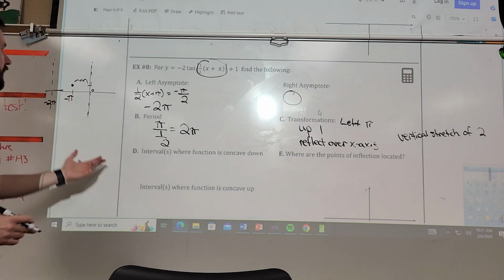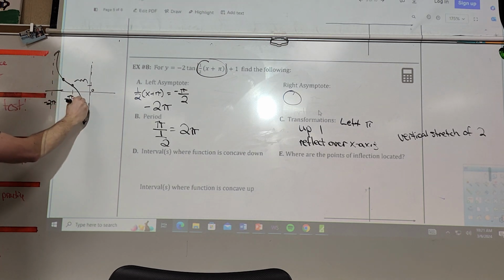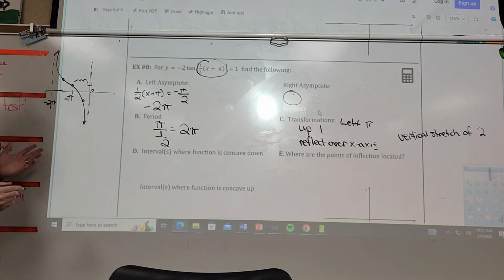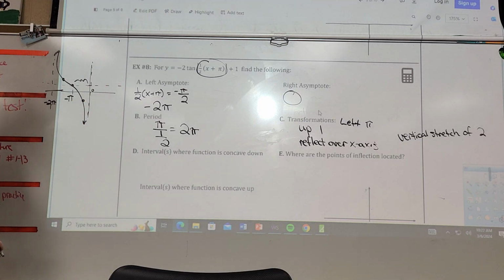Okay. All right, is that enough to graph it actually? Yeah. So now I'm going down this time. Do you agree on that? Because it's negative. I cut these in half. I don't need those points. I moved my 0 up to 1. So this would be negative pi over 2, right?